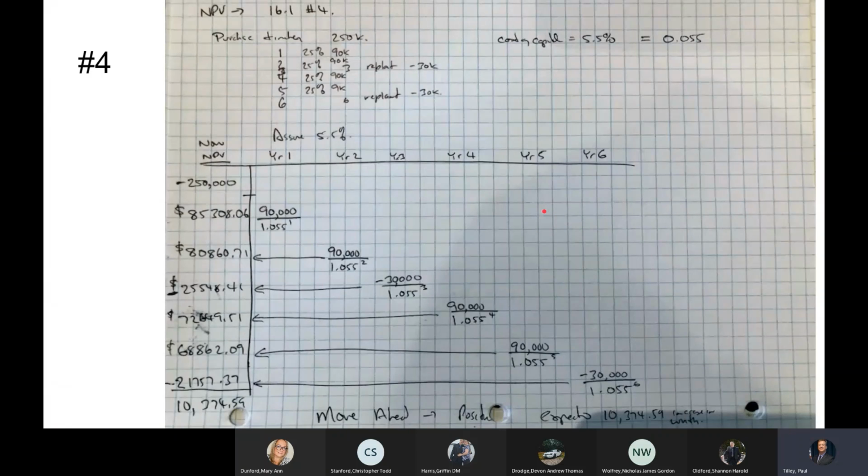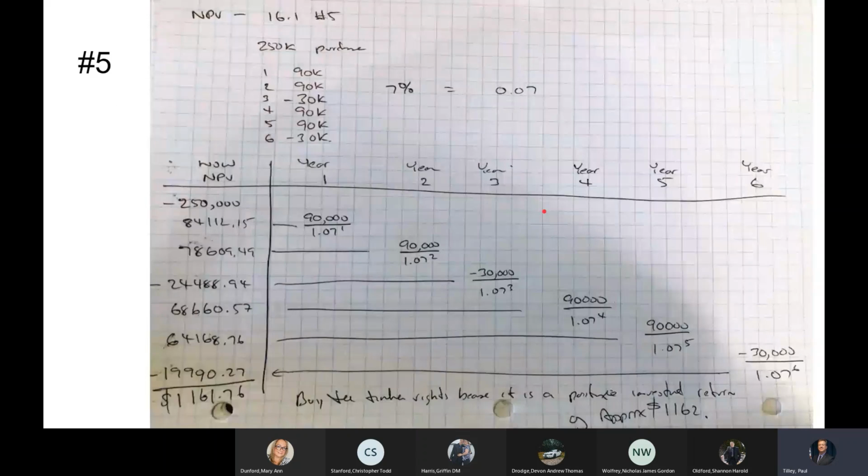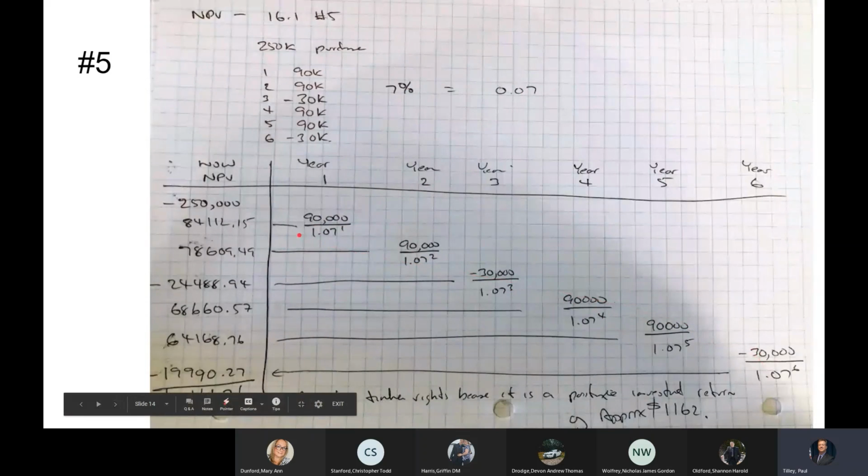What I've done in question 5 is the same thing again. 250,000 has to be put out for the purchase, 90 in, 30 out, at 7% cost of capital, which is 0.07. We do the exact same thing here: 90 in, 30 out, 90 in, 30 out. We take the present value of them.